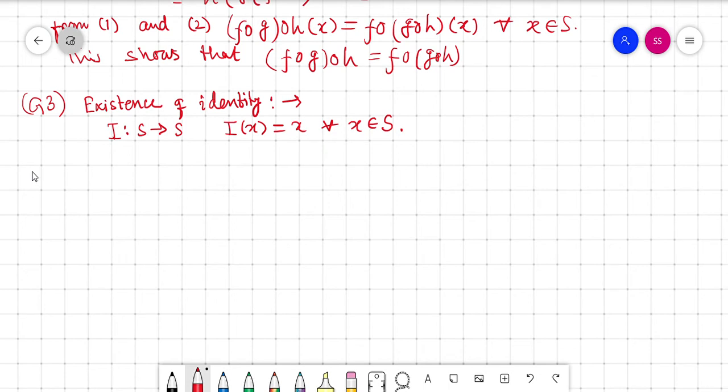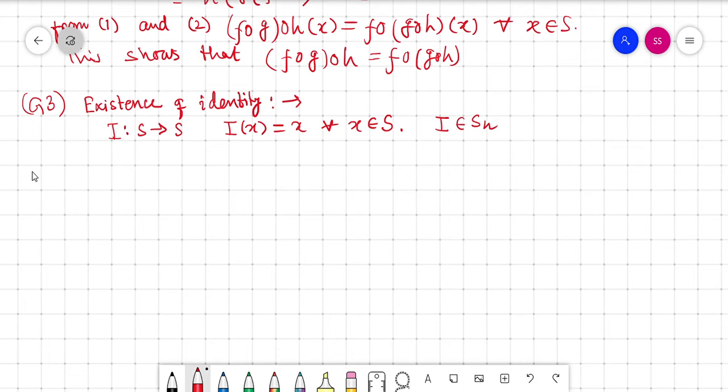As we all know, the identity mapping is a 1-1 and onto mapping. So I, that is the identity mapping, is 1-1 and onto. Therefore, this I must belong to Sn, because it is 1-1 and onto, that is, it is a permutation.